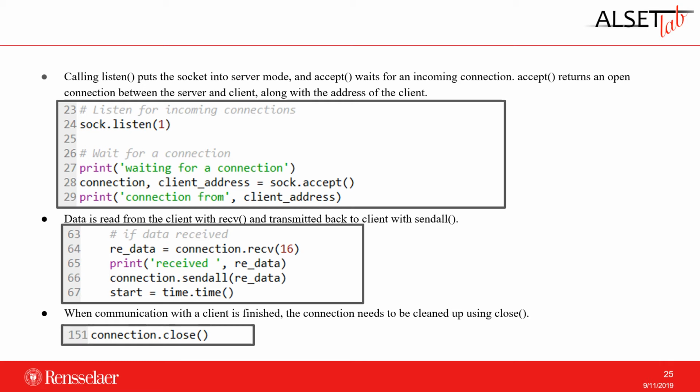After the connection is built, the data can be read from the client with the receive command and transmitted back to the client with the sendall command. And finally, when communication with the client is finished, the connection needs to be cleaned up using the close command.